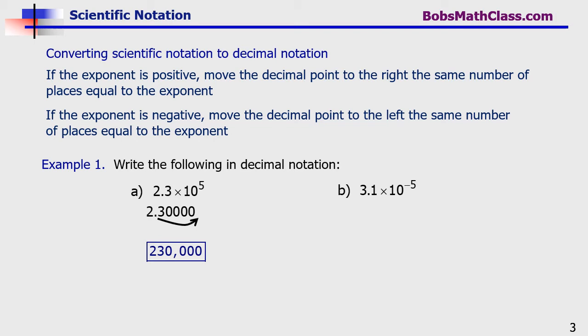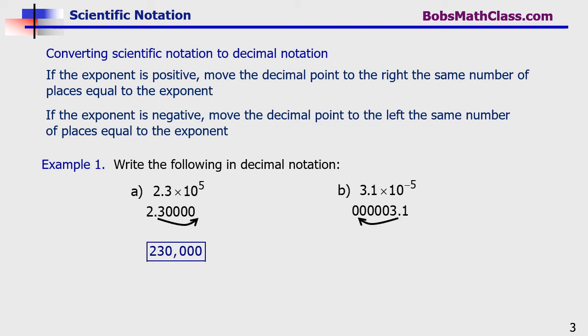Okay, in B, 3.1 times 10 to the negative 5, we're going to move the decimal point how many places? 5 places. Which way? To the left. So put some zeros in front of the 3, and then put enough zeros so that you can move it over 5 places to the left.